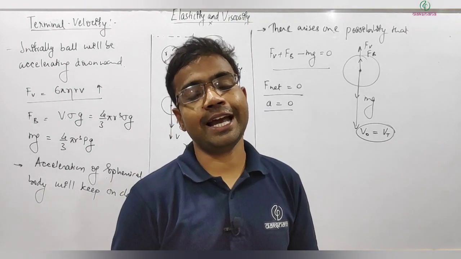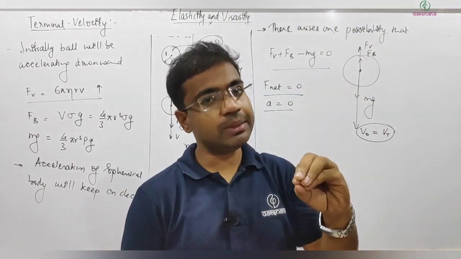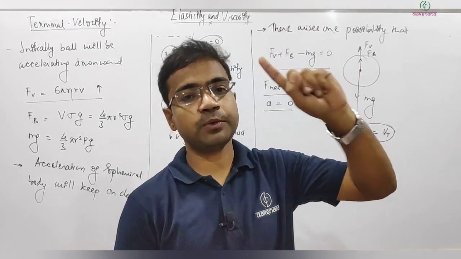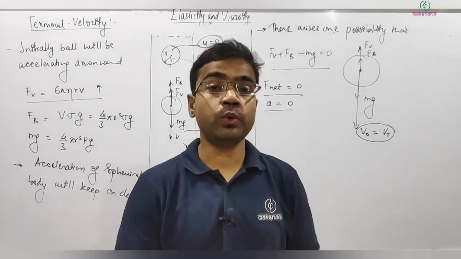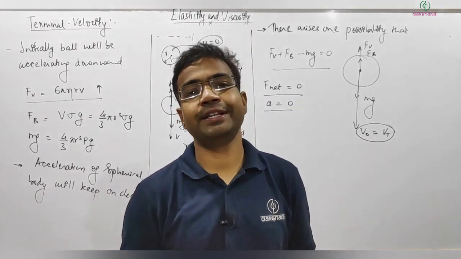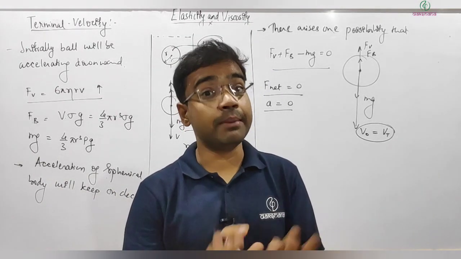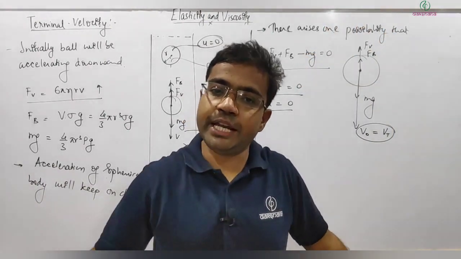That is exactly what happens in the case of raindrops. Initially they accelerate up to some point. After that, upward viscous force plus buoyancy force balances exactly the downward mg force, and beyond that no further acceleration of raindrops takes place. So the velocity of raindrops becomes constant, even when they are falling many kilometers.